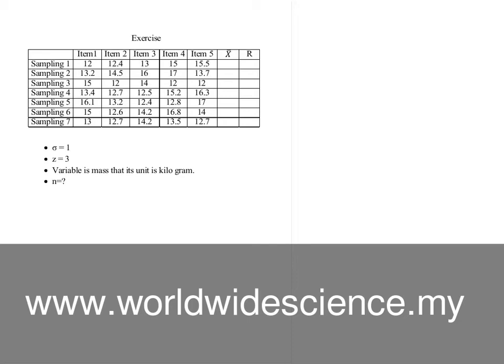It means that in each hour, the operation manager selected 5 items and took them to the laboratory and tested them and wrote the results, and you can see the result of each item in each sampling in this table. The variable is mass here, and the unit of the scale of the weight is kilogram, as you see.